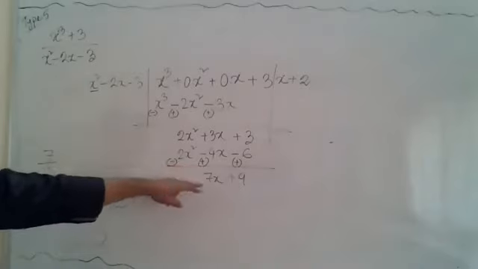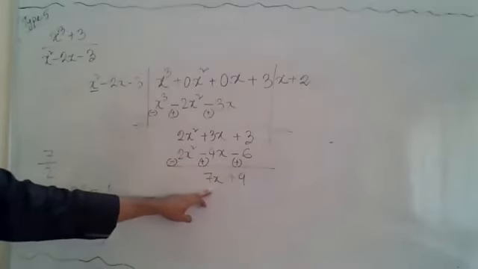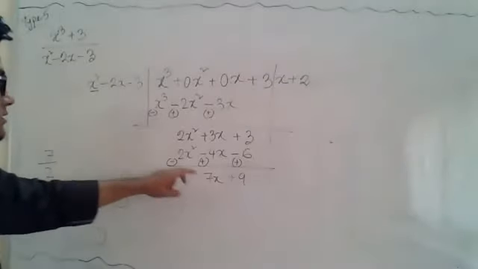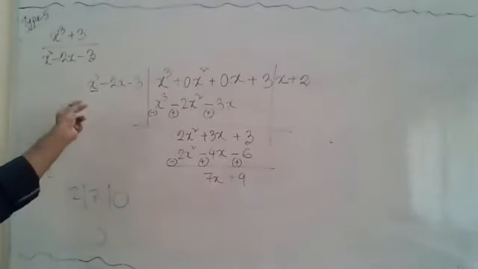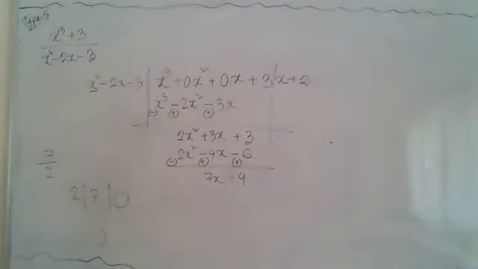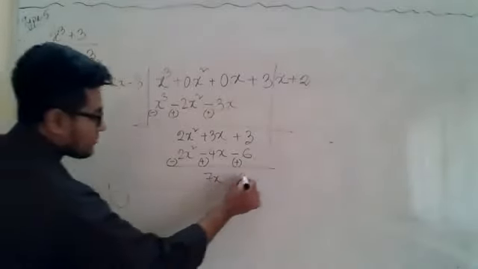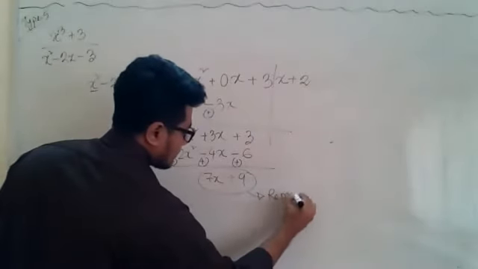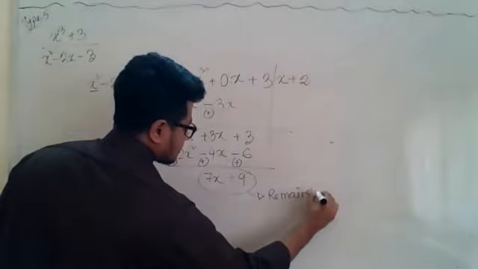But now we do not have x square, we have only x. So there is nothing that I can multiply to make it 7x. So this is our remainder.